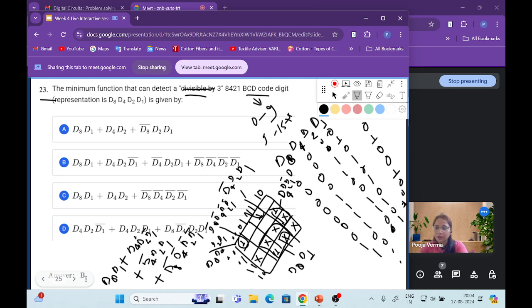So option B is the correct answer: D8 D1, then D4 D2 D1 bar, then D4 bar D2 D1, D8 bar D4 bar D2 bar D1 bar. Option B is correct. This is the minimum function that can detect divisibility by 3 in the BCD code. Okay. So I hope all of you got this question, how we can solve it.